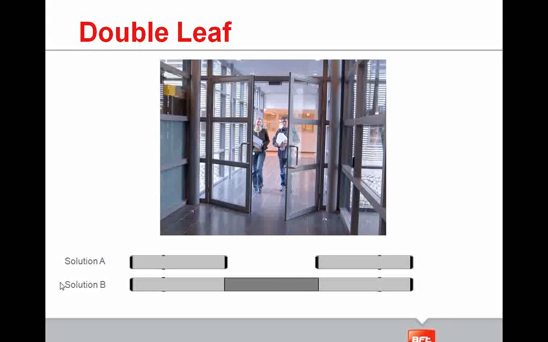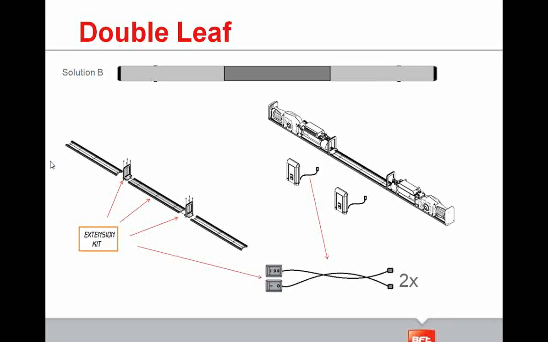Otherwise, you can connect two automations with one extension kit. In this case, you must also change some electrical parts a little bit. So maybe in some cases the solution with the extension kit is better.